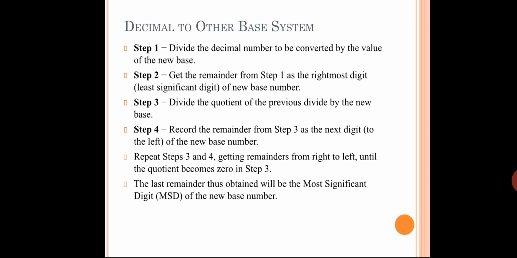For example, I will explain all these examples, and at the end I want everyone to take your age as a decimal number. Obviously it will be in decimal format itself. Try to convert it to binary, octal as well as hexadecimal. I hope you are first year students, so maybe 18 or 19 maximum. I want everyone to try how you can convert your age to a binary, octal or hexadecimal number.